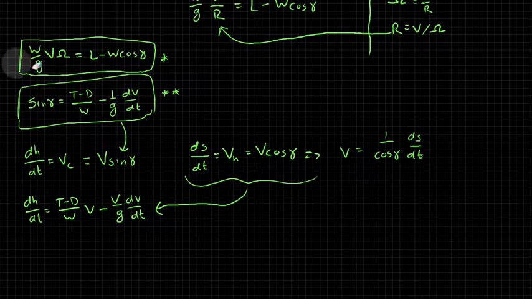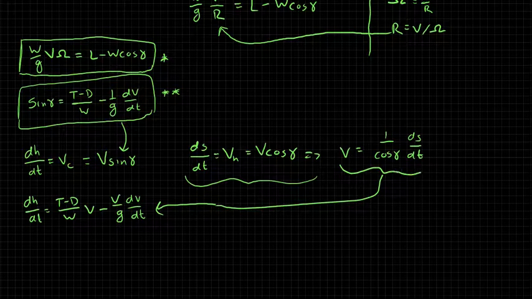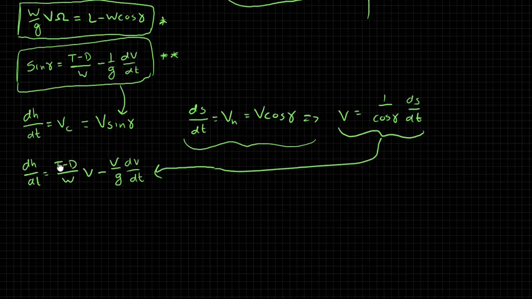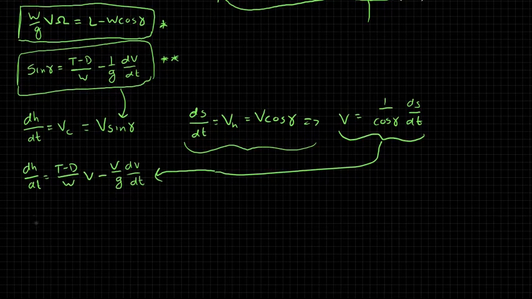So really we're plugging that in for V, and then we're going to do some rearranging. We're going to multiply through by W and move this term to the other side. I'm not going to go through all the details of that, but it's fairly straightforward.